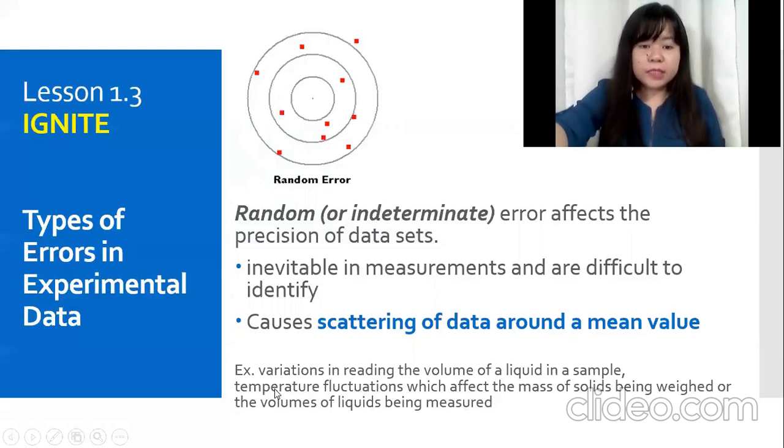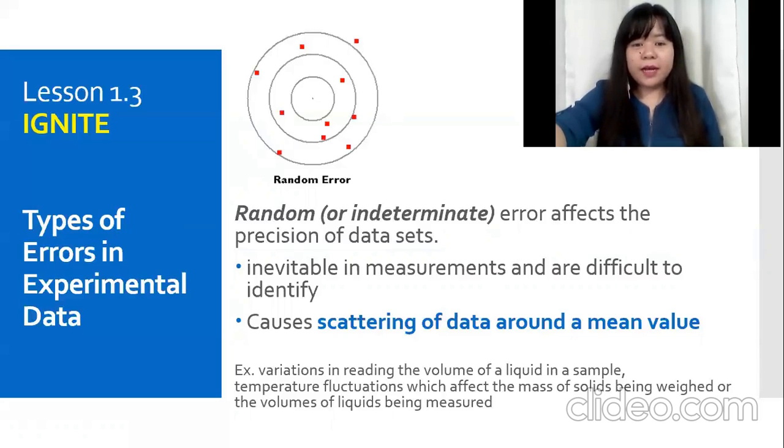So when we speak of temperature fluctuations, this does not mean that, for example, you are weighing something that is too warm to be put in a balance. Okay, in that case, that could be a different type of error.